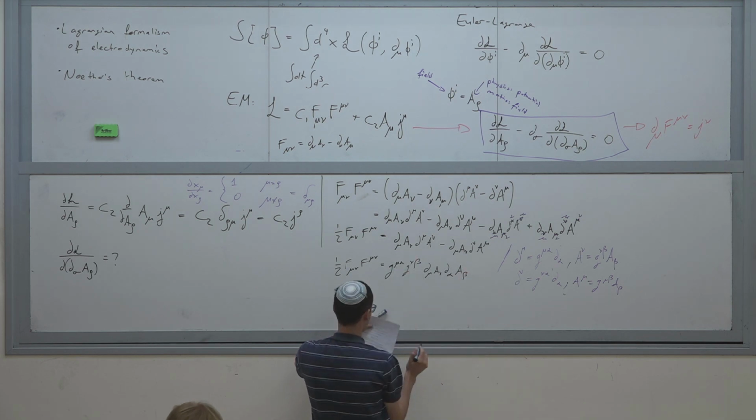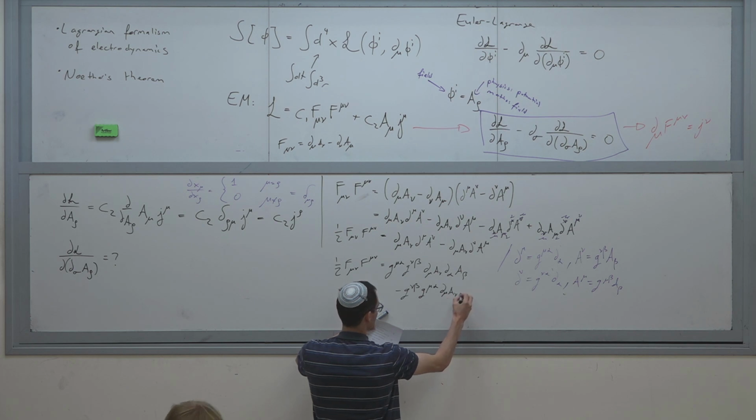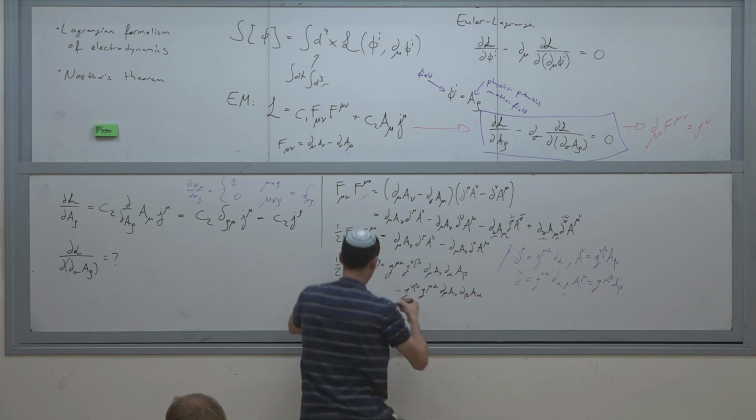That's the first term. And the second term is G nu beta G mu alpha d mu a nu and d beta a alpha.